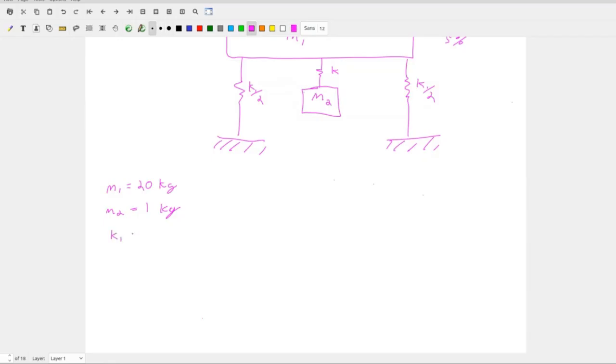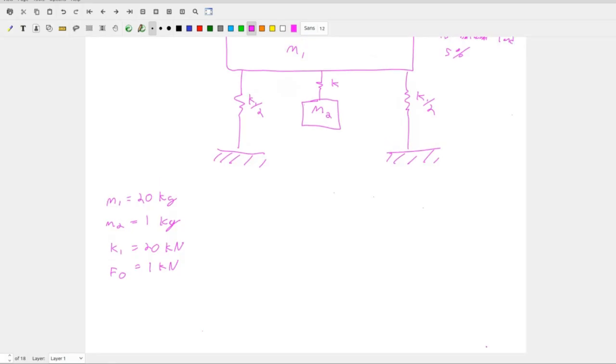K1 is equal to 20 kilonewtons, and F naught equal to 1 kilonewton, right? So what do we need to design? What parameter do we need to design for? K. Sorry, that probably should be K2.